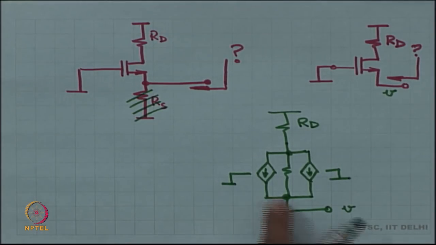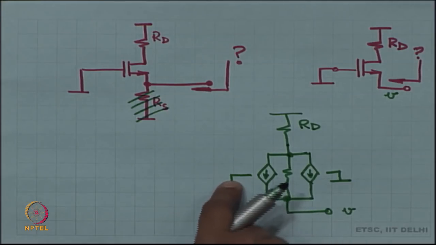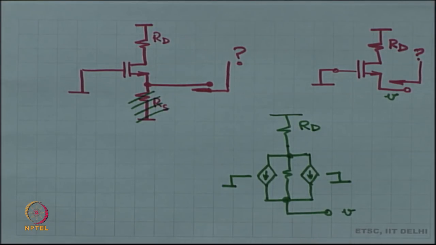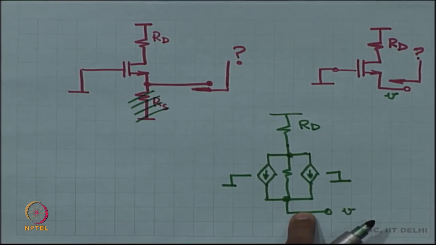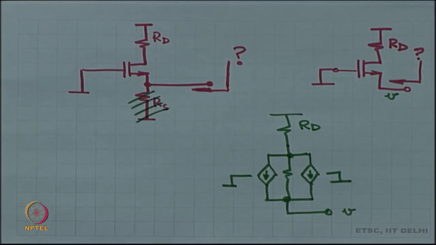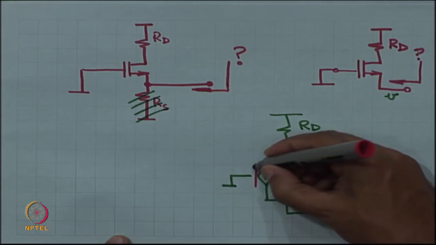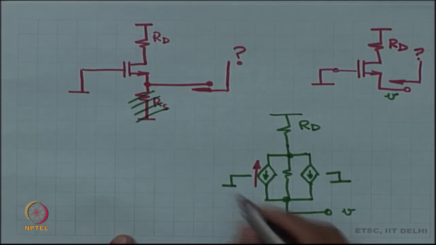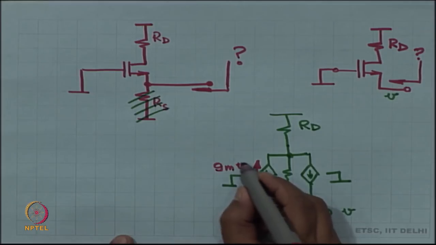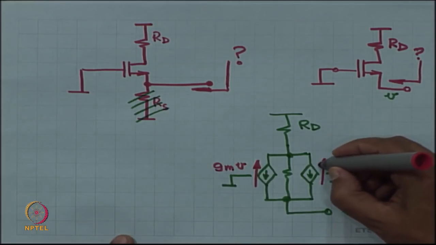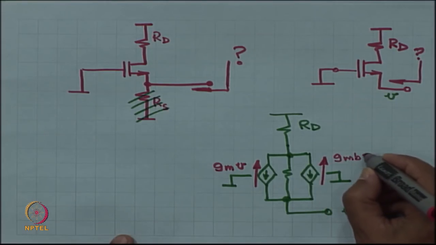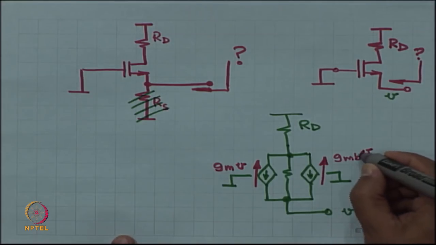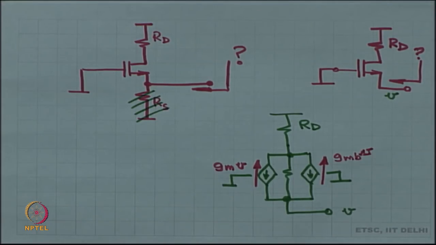Remember this is gm times VGS, where gate is at ground, source is V. This is gmb times VBS, body is at ground, source is at V, which means effectively this current is nothing but gm times V, and this current is nothing but gmb times V. This resistance is rds.